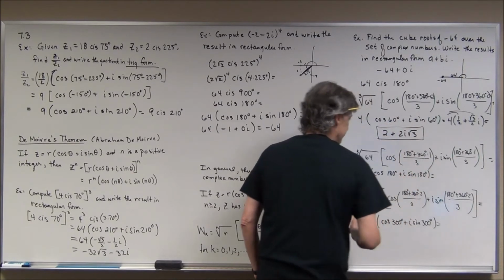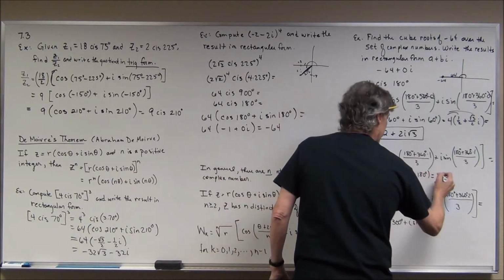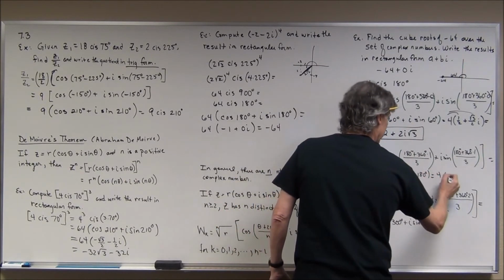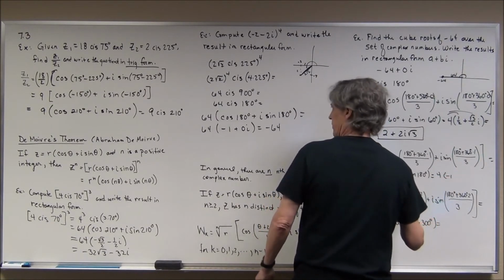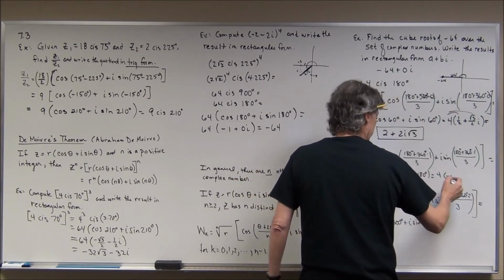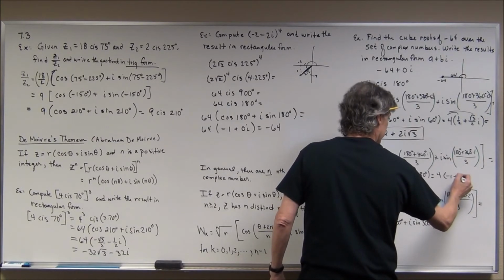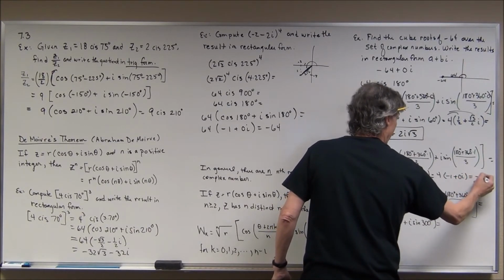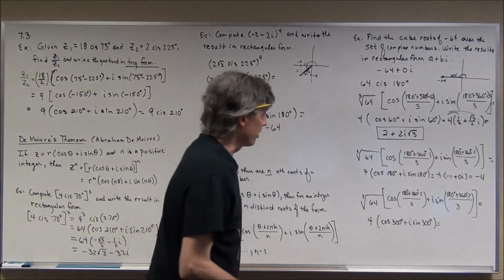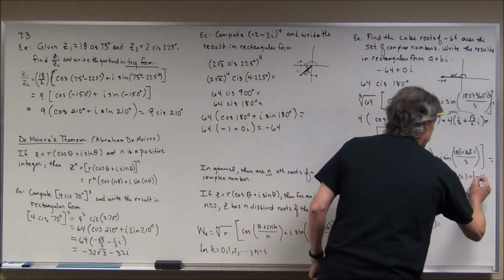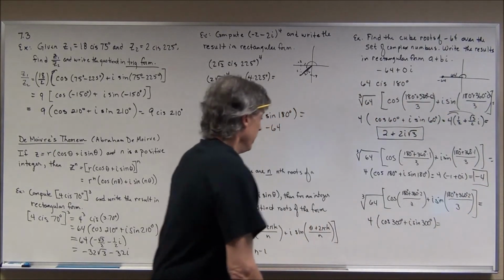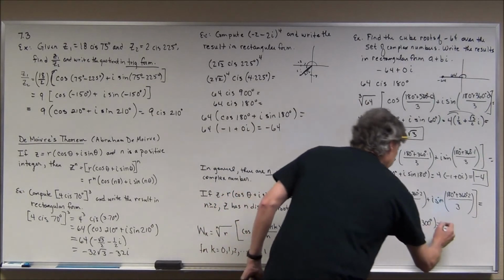There's 1. Cosine of 180 degrees is -1. The sine of 180 degrees is 0. So this is -4, and I told you, and you probably already knew, that -4 was one of the choices. And then last but not least, this is 4.